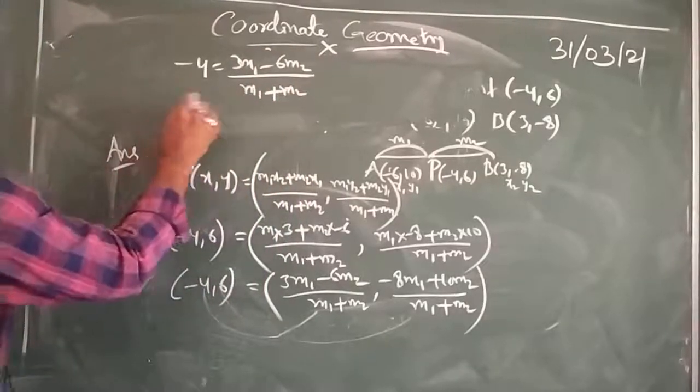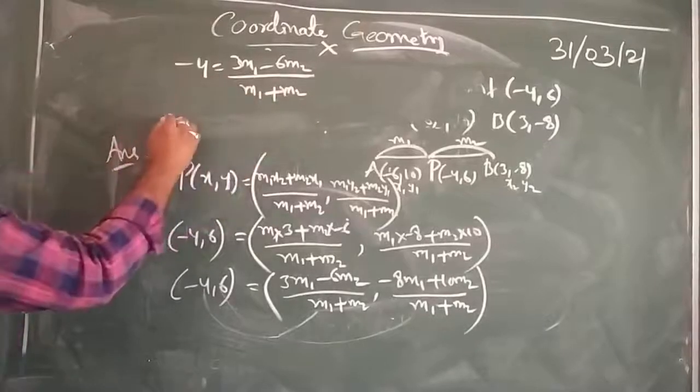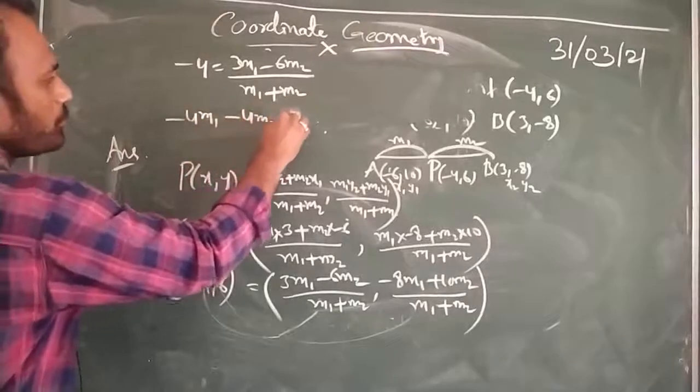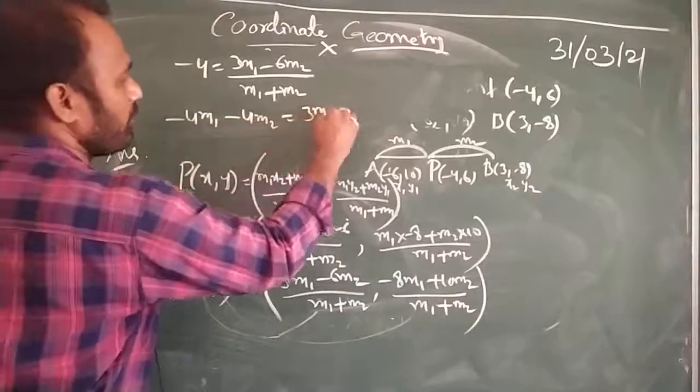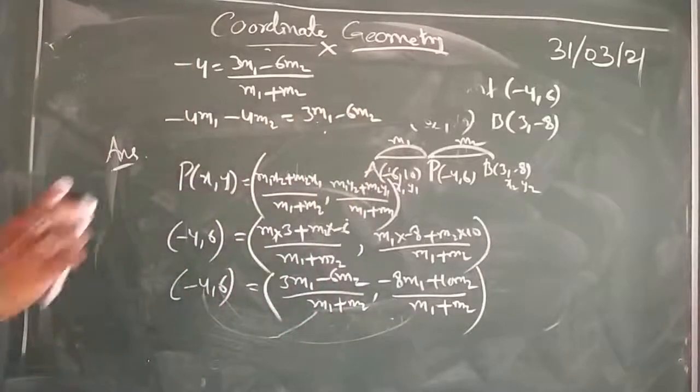If I multiply across, since it is a division term, it will become -4M1 minus 4M2 equals 3M1 minus 6M2. So let me erase this.